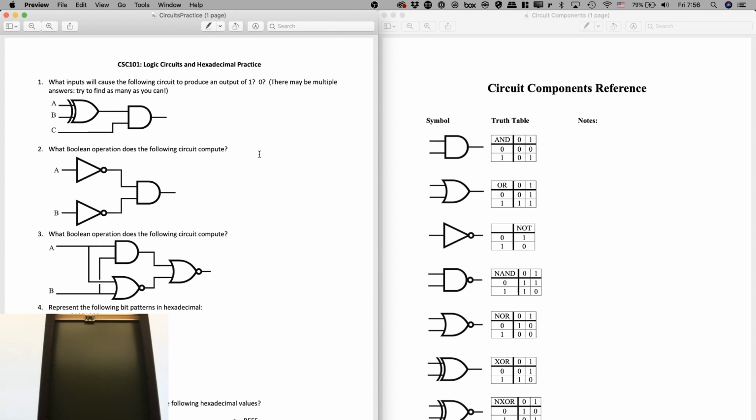What we want to ask is: what is this circuit actually doing? In the same way that we drew a truth table on the right-hand reference sheet for all of our components, we could do that for this circuit in number two.